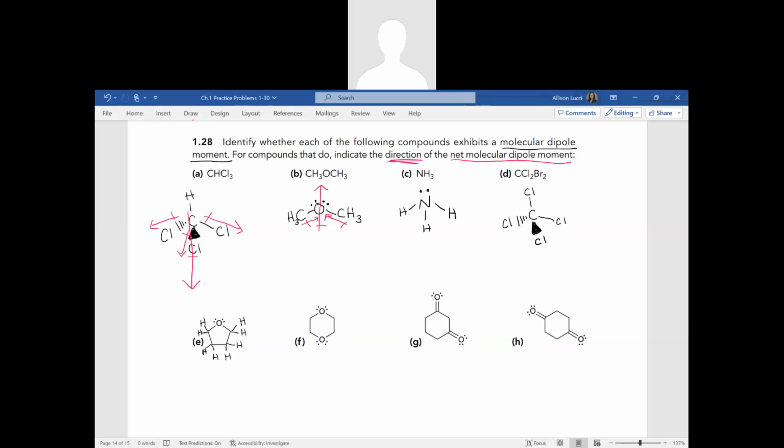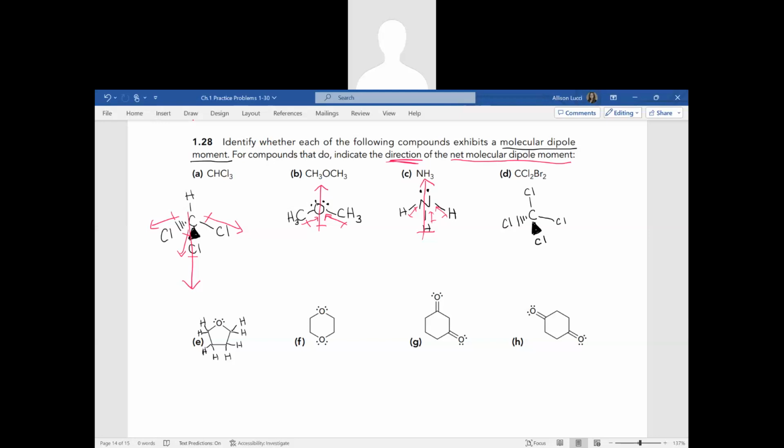Next, we have an ammonia molecule. So we have some NH bonds, and each of those would exhibit some polarity between hydrogen and nitrogen, all pointing in this direction. And then we also have this lone pair on top. So the net dipole for this molecule would be pointing in this direction.